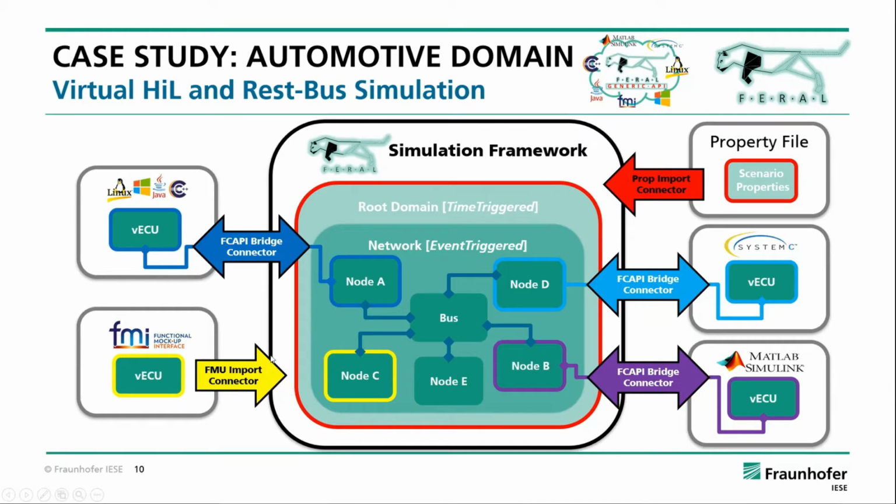FMUs were used. So this was basically the setup. The connection was realized via different virtual communication buses, as I said, like CAN, FlexRay, and so on. And the customer was then able to design and also validate these new functions. So that's quite a nice result.